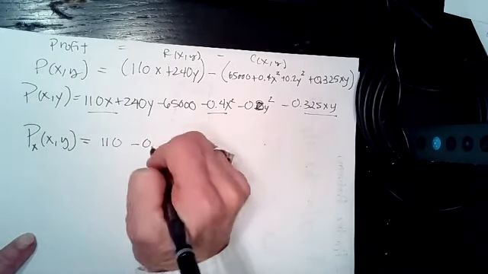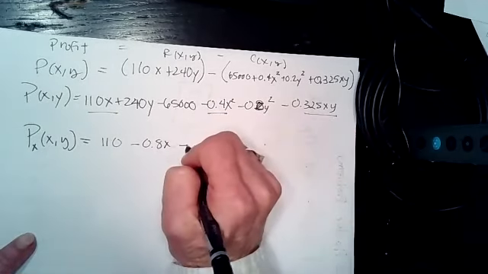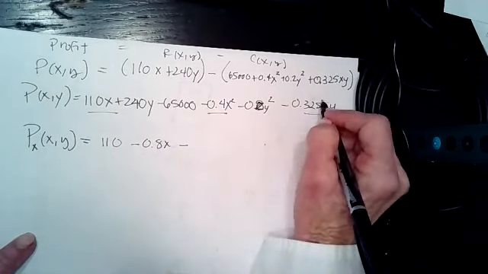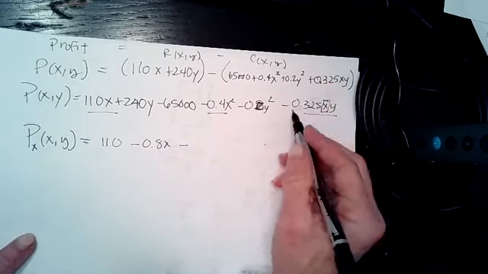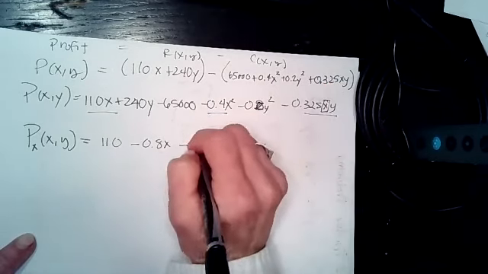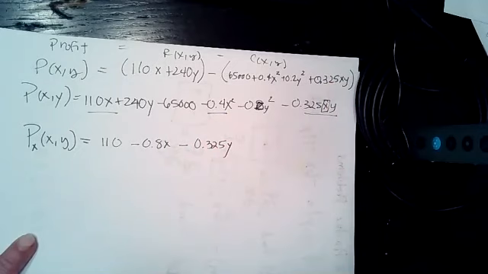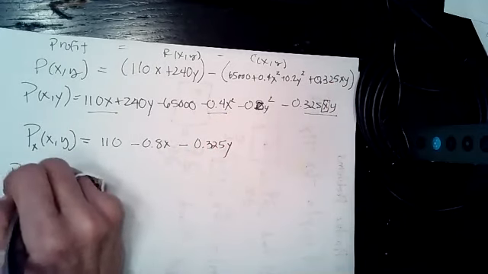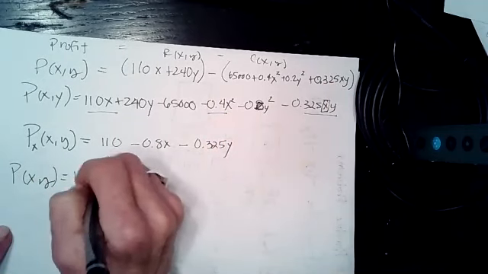So minus 0.8x. And then here I have an xy term, so it's the derivative of the x term. Well, derivative of x is 1 times the constant in front of it, which is just 0.325y. Okay. And then let me write my profit function again so that I can go mark it up.